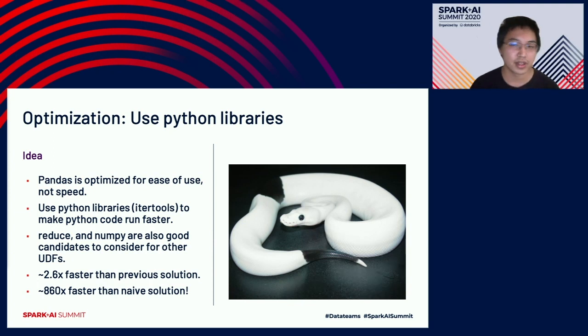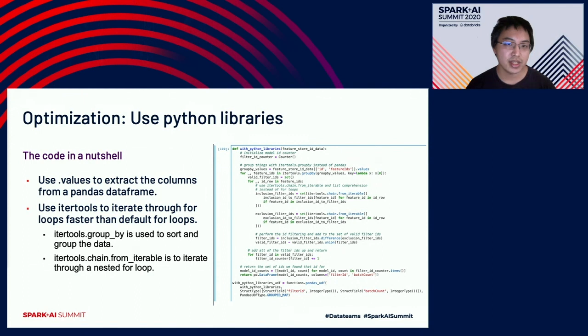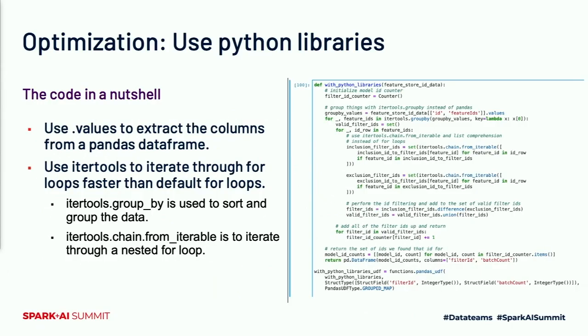So we're just going to dig into the code really fast. If you've seen the previous code, it's very similar. The only differences are a couple of changes to facilitate using the default Python libraries as opposed to Pandas.